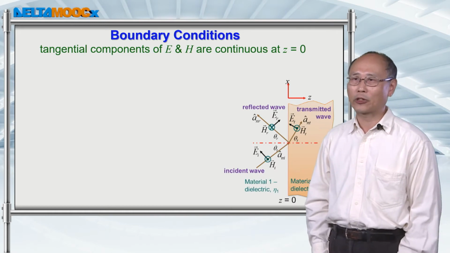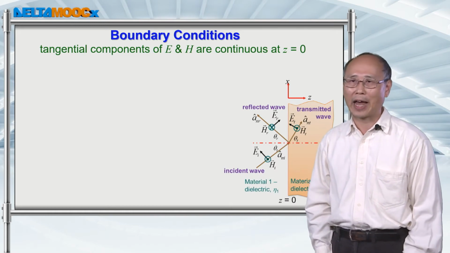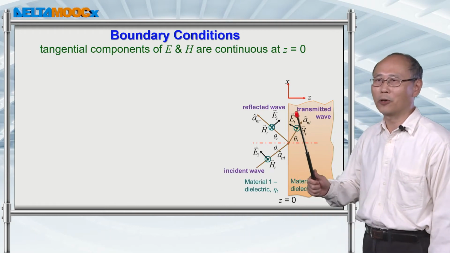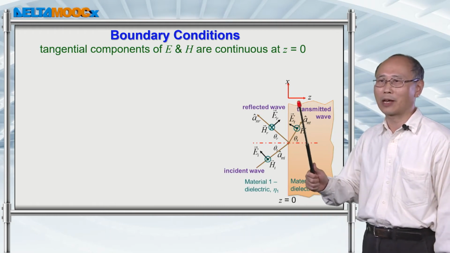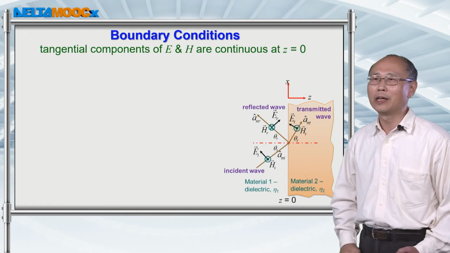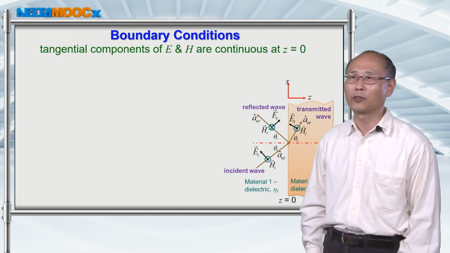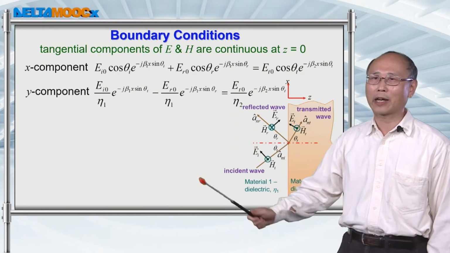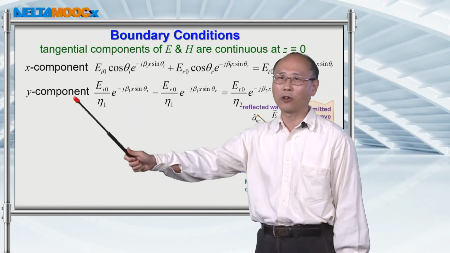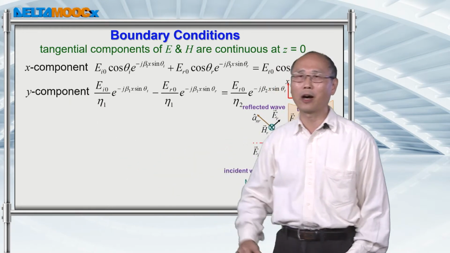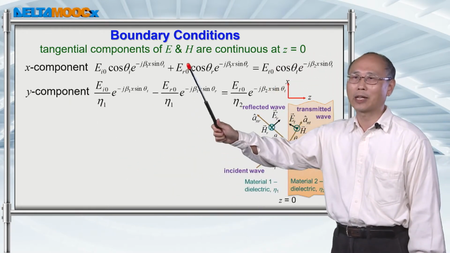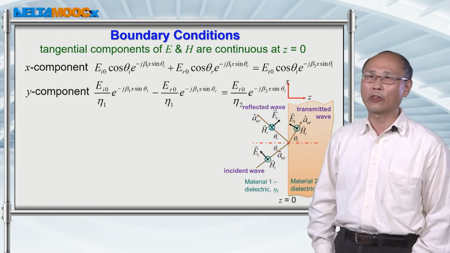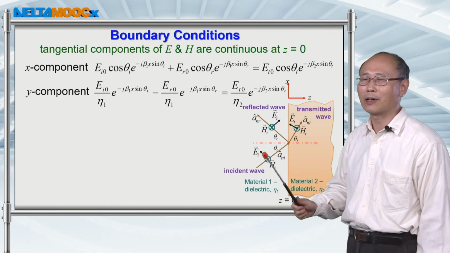So you try to extract the tangential components from the last 3 sets of expressions, which is the component along x direction, because the component along z direction is perpendicular to the boundary, and you don't want to use them for these boundary conditions.